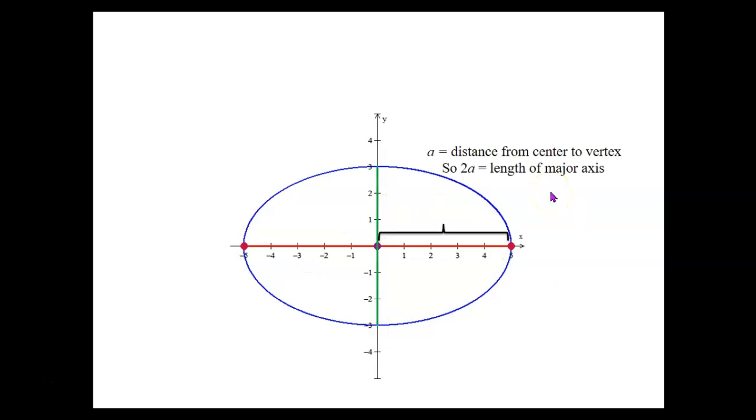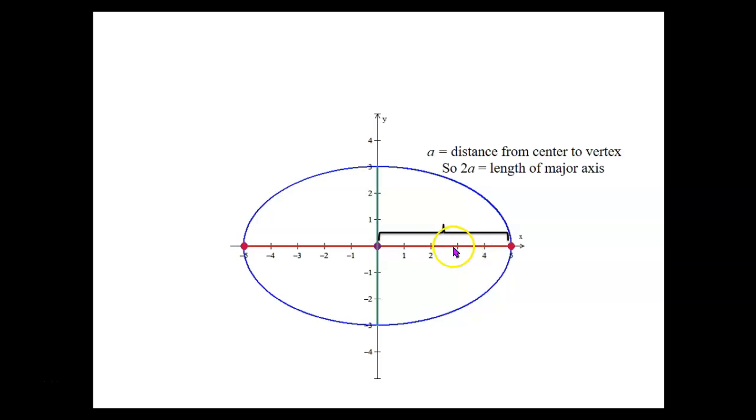Now, in the discussion that follows, we're going to be using the letter a, lowercase a, to stand for the distance from the center of an ellipse to either one of the vertices. So from the center to the vertex is a. With this particular ellipse, that would be 5.